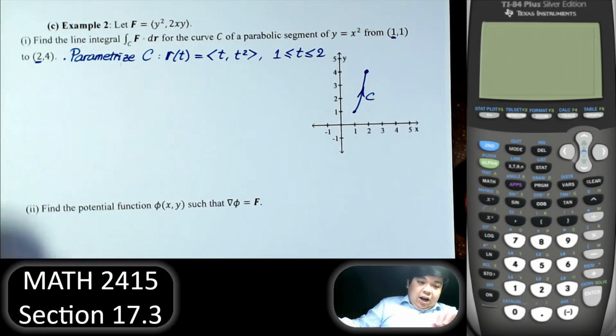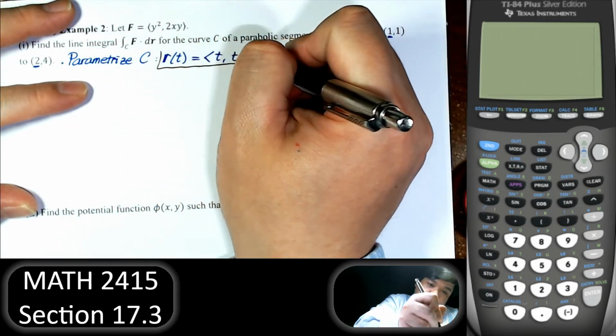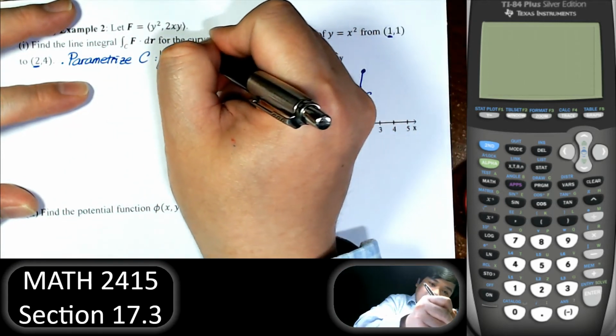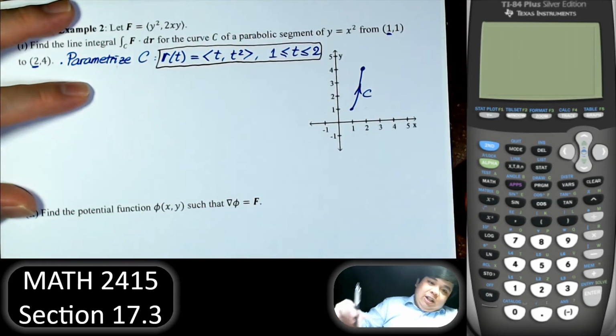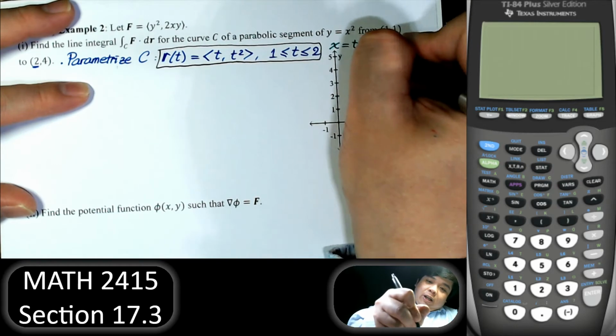So yes, we have the parameterization of t, of the curve C, sorry. So in that case, x equal to t and y equal to t squared.